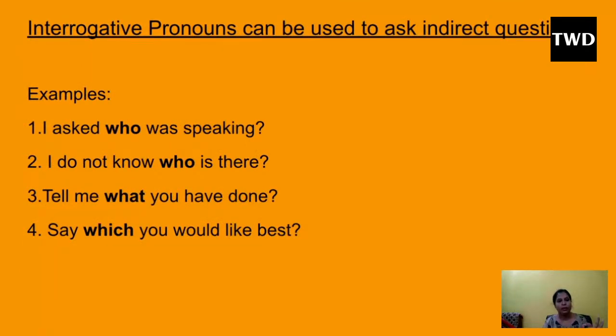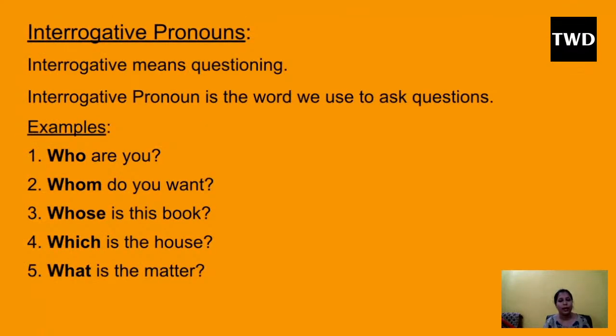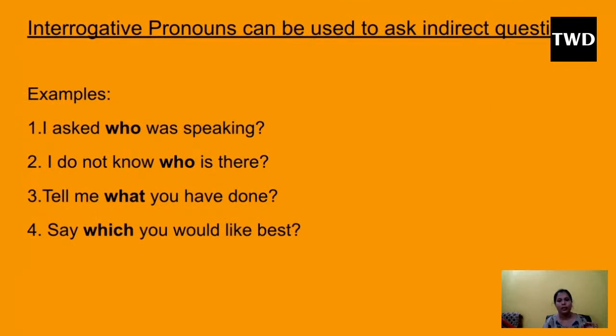Again, the same thing: if you are using an interrogative pronoun in the middle of the sentence, in the middle of the question, your question becomes indirect. If you are using it in front of the question, at the beginning of the question, your question is direct. But if you are using it in the middle of the question, it becomes indirect. For example, I asked, who was speaking?